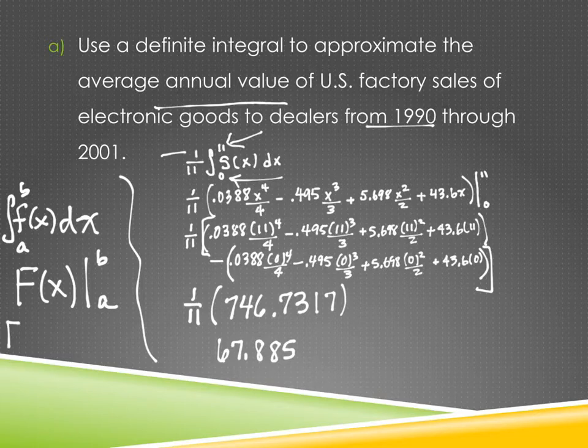And then what we did is we evaluated it at b, and then we subtracted the evaluation at a. That's what we did, okay? Back in section 5.2, I think it was, there's a name for this. It's called the fundamental theorem of calculus. Okay, we're evaluating at the first point, evaluating at the second point, and subtracting. So that's the first thing.